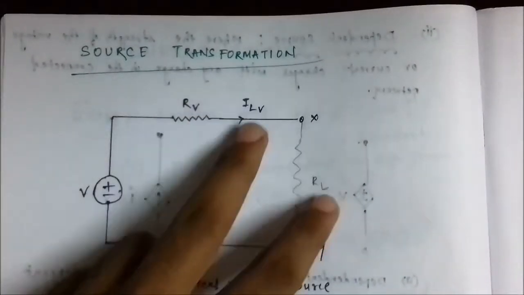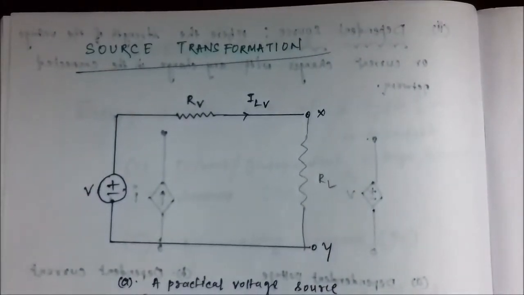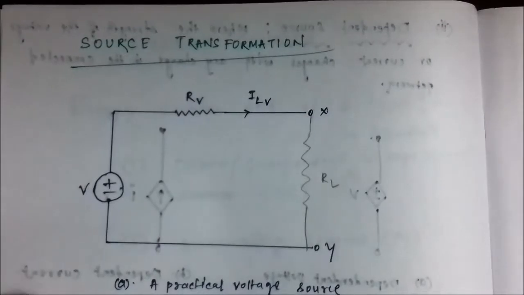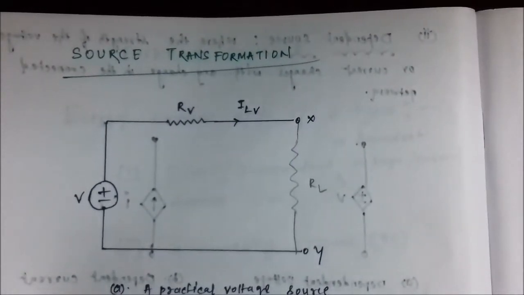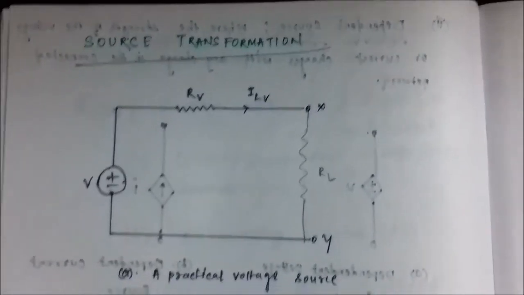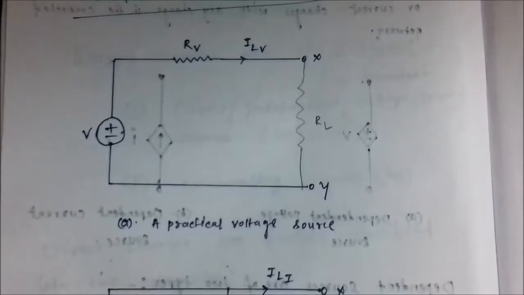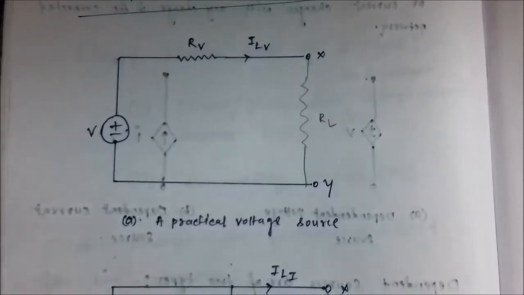So here we are going to discuss source transformation, which deals with conversion of a voltage source into a current source and a current source into a voltage source. Here is the circuit diagram which represents a practical voltage source.